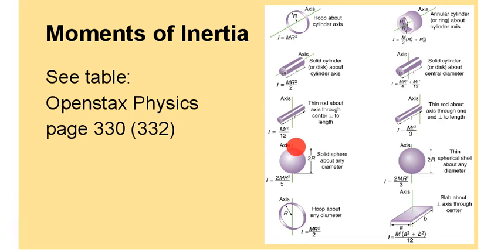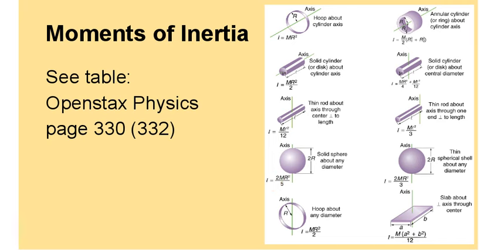Here's another one. If I had a solid sphere, a cannonball, that would rotate one way. If I had a thin spherical shell, a basketball, where all of the mass is on the outside surface, that changes where the mass is distributed, which means it's going to be either easier or harder to rotate, and therefore I would have a different moment of inertia.